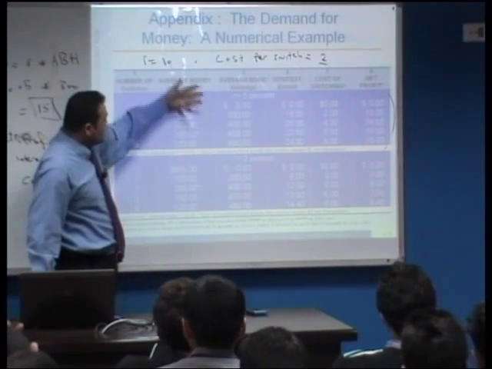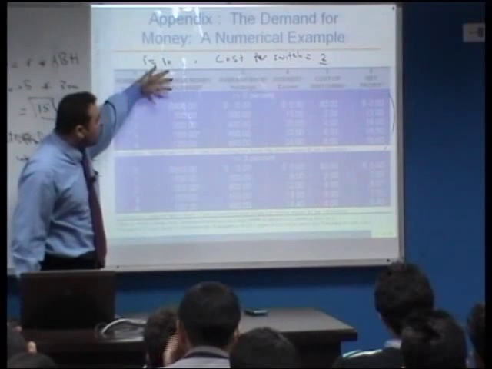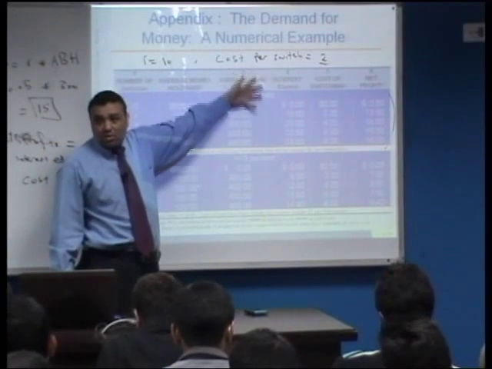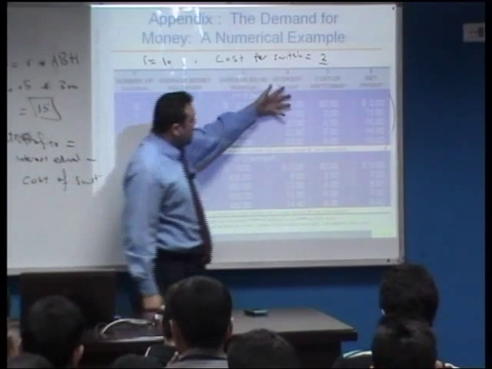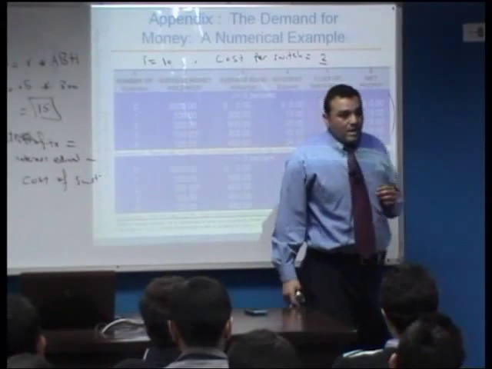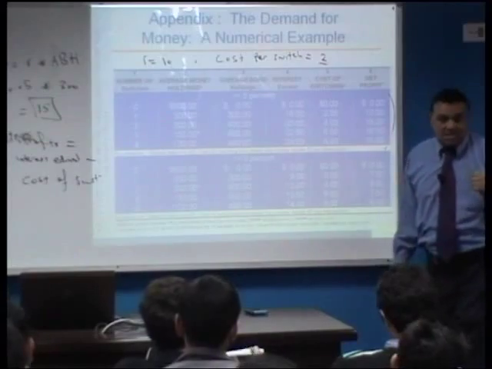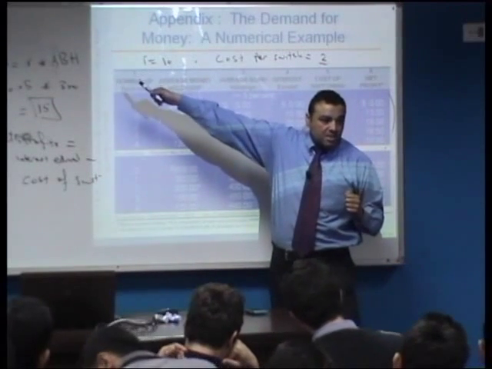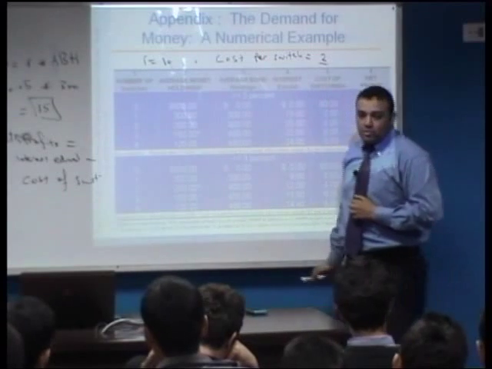As you see, we assume that the average money holding and the average bond holding remain constant, but we have a new interest earned, because the new interest earned equals the new interest rate times the average bond holding.